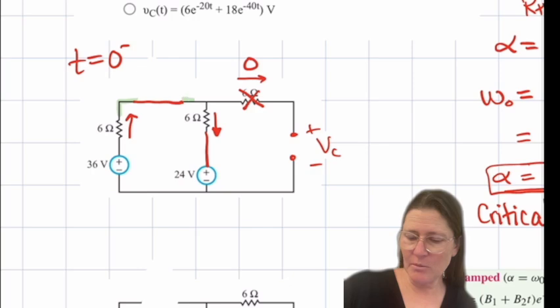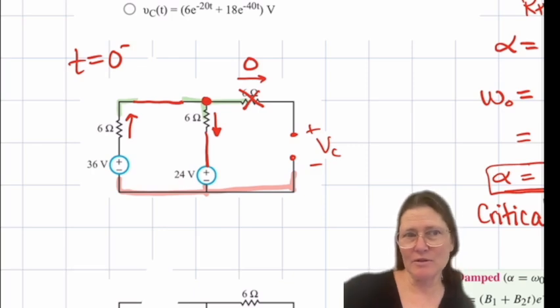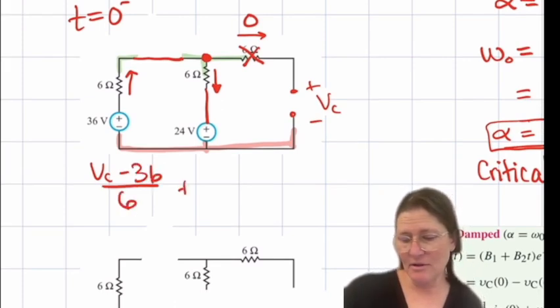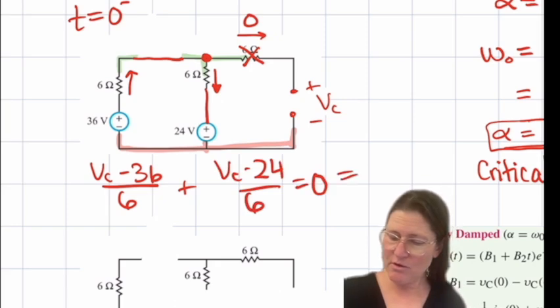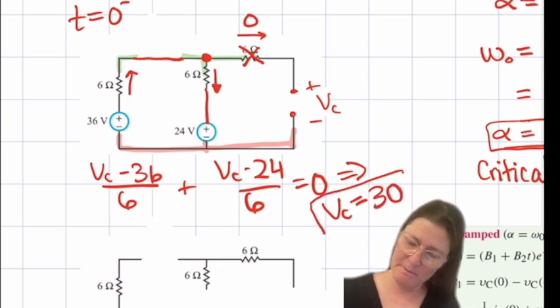So I could set up my equation with this as the node and do VC minus 36 over 6 plus VC minus 24 over 6 equals 0, and that solves to 30.